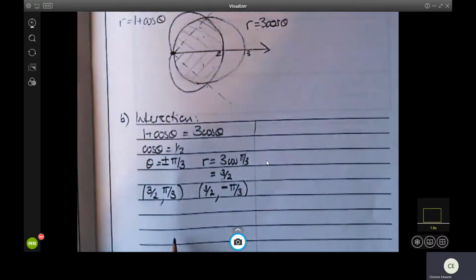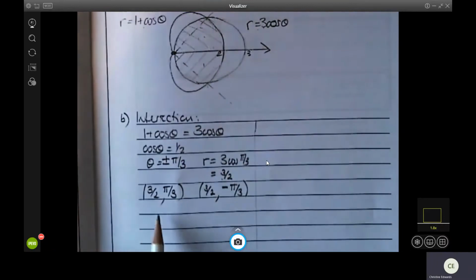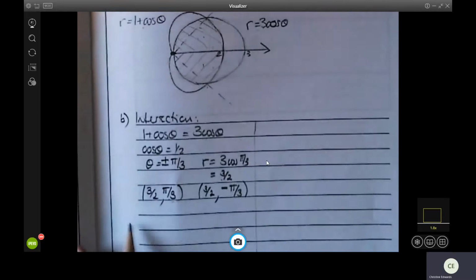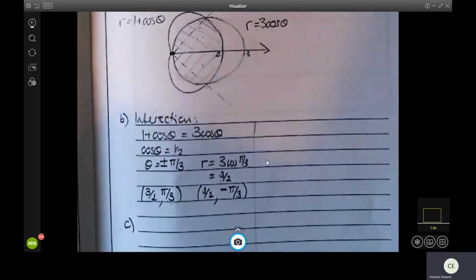So that's part B. The reason they've asked me to do this is because I need to know the angles where the dotted lines are. I'm going to work with the top part of the curve and have a think about setting up my integrations.